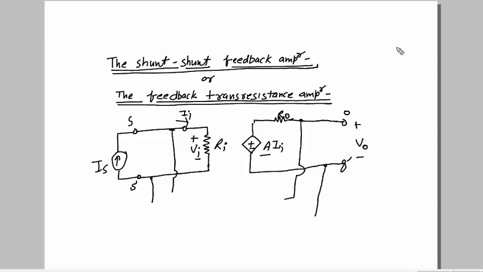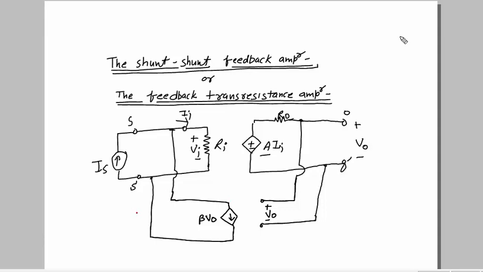For the feedback we have this connection, which is also V0, and then a current source here, beta V0. This is connected to the input side. This is the feedback current IF. From here we can see that Ii equals Is minus IF, so it's a negative feedback.